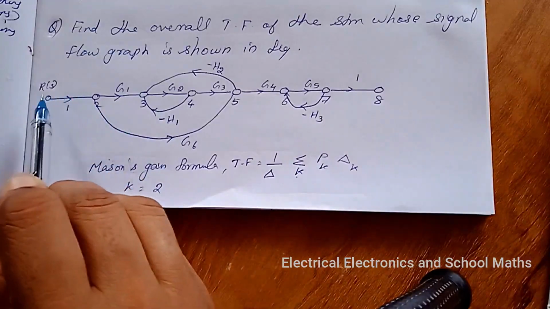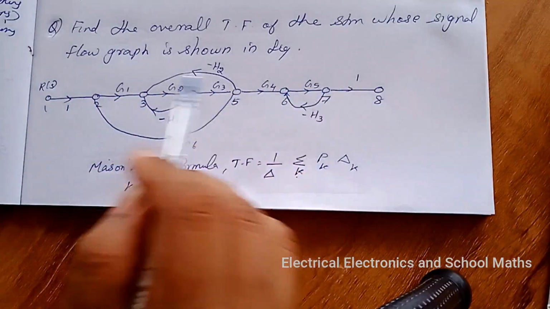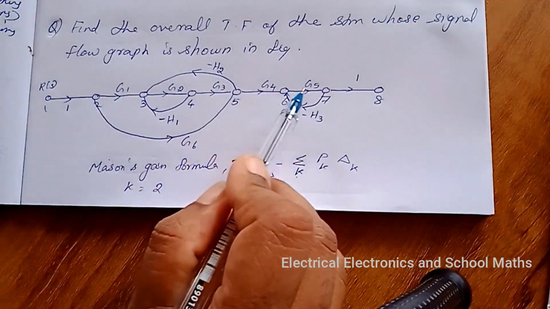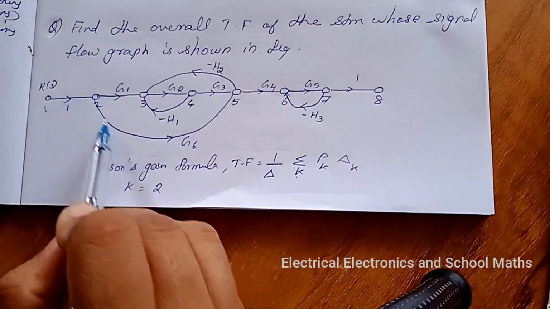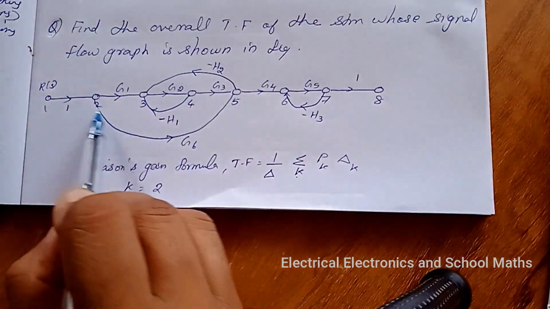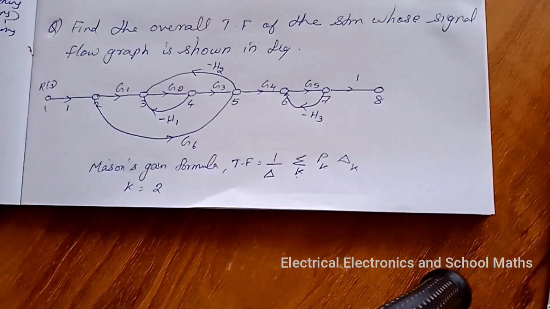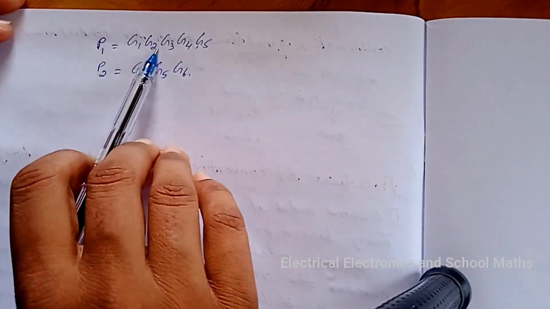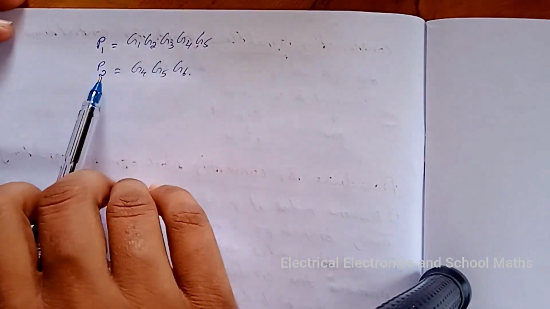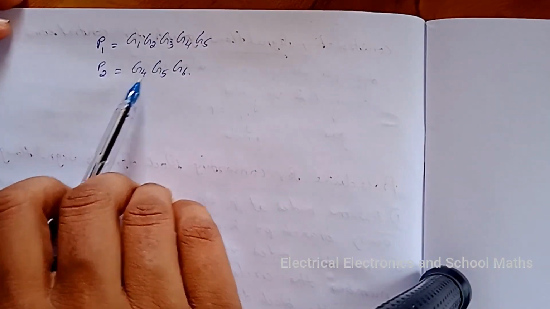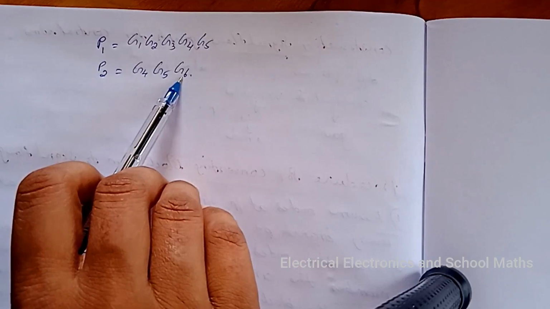So the first forward path gain is G1 G2 G3 G4 G5, and the second forward path gain is G6 G4 G5. That is, P1 equals G1 G2 G3 G4 G5, and P2 equals G4 G5 G6.